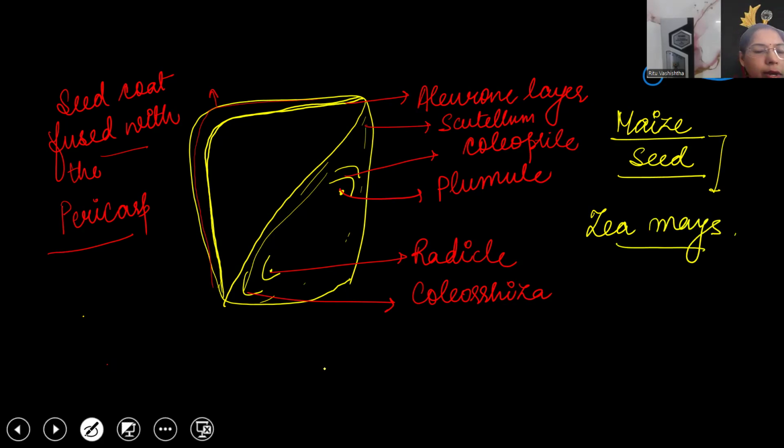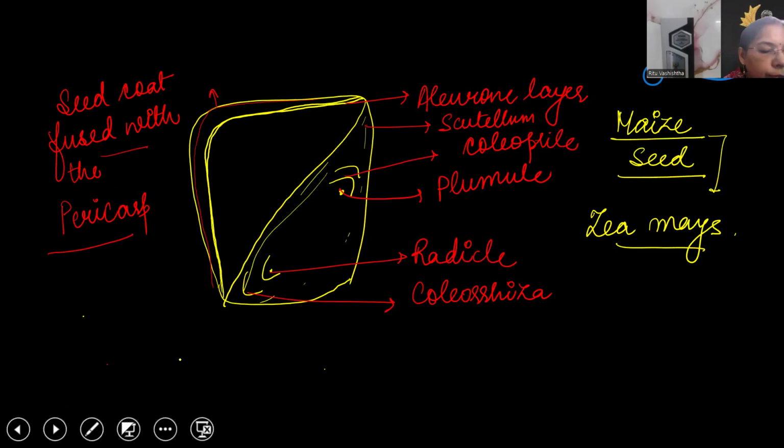Now, before writing the floral formula, I'll be discussing this specialized inflorescence in detail, because the inflorescence found in this family is spike of spikelet. There I explained that it is a type of racemose inflorescence. Let us discuss its peculiarity in detail.